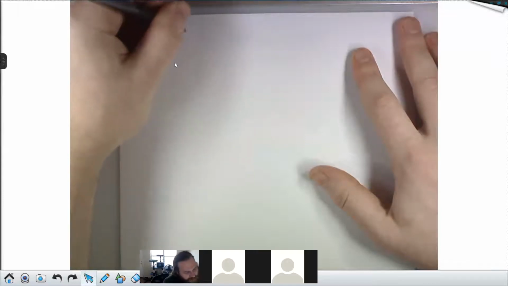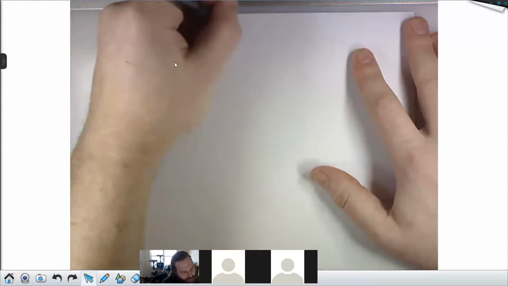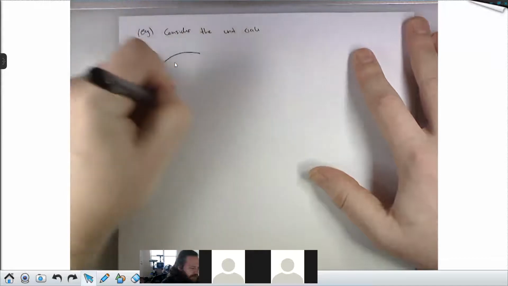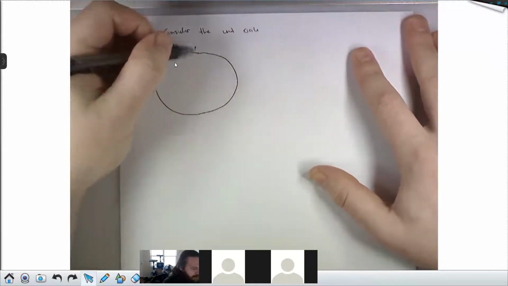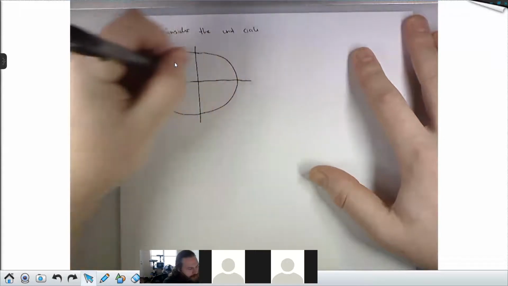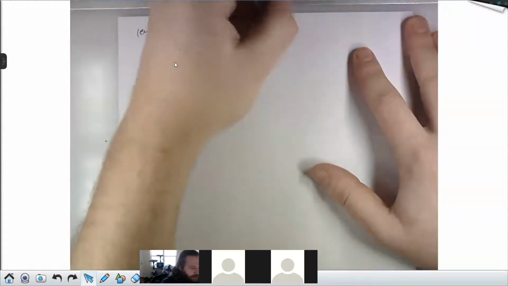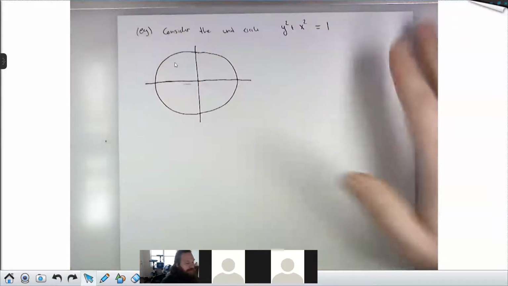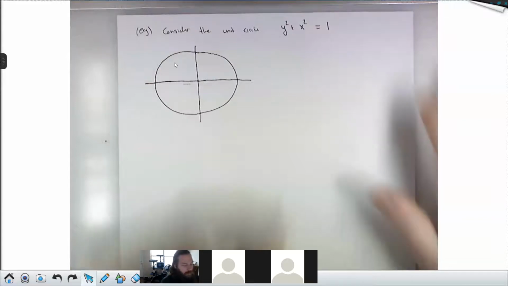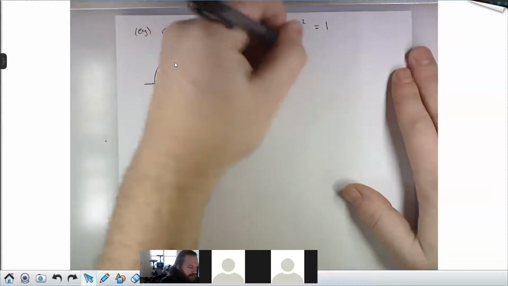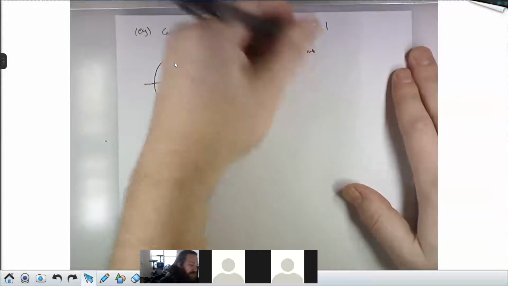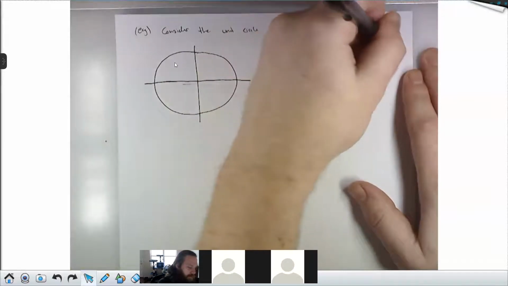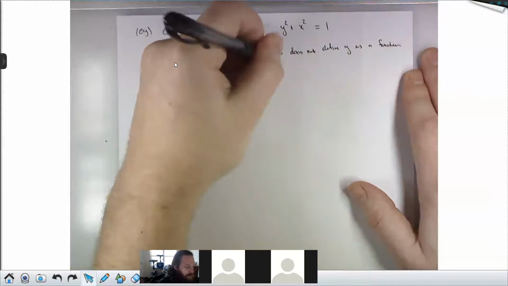Consider the unit circle. Okay, modulo my bad art. This is the unit circle. We know its equation is y squared plus x squared equals 1. This is not a function, right? This does not define y as a function of x.